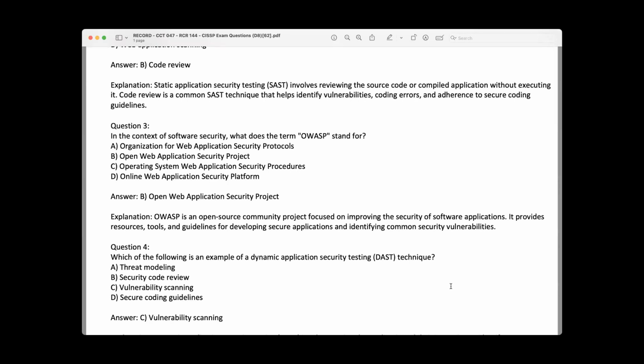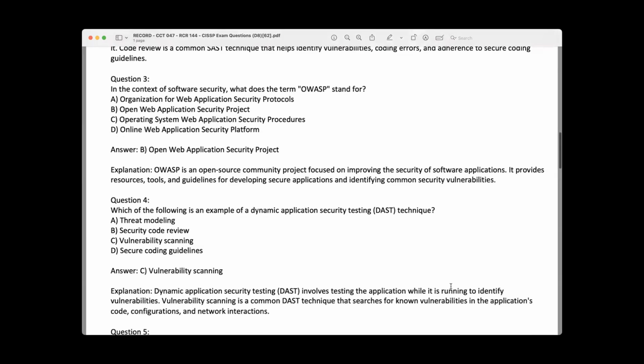It is B, Open Web Application Security Project. OWASP is an open source project that was focused on improving security within software applications. Okay, so it provides resources, tools, and guidelines, all designed specifically for secure applications and finding security vulnerabilities.